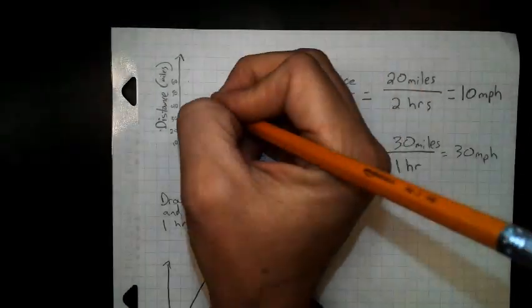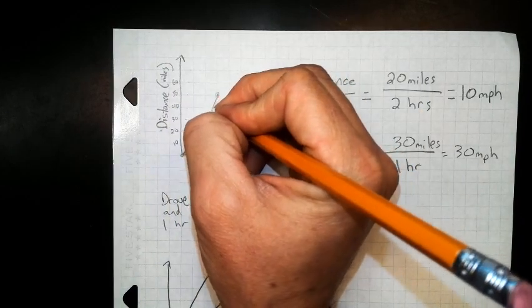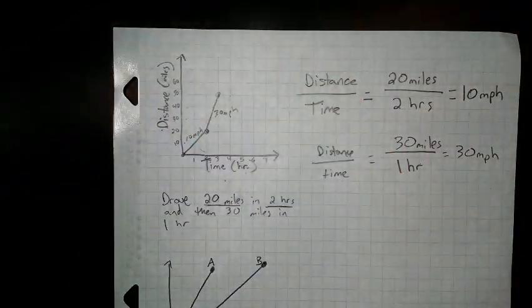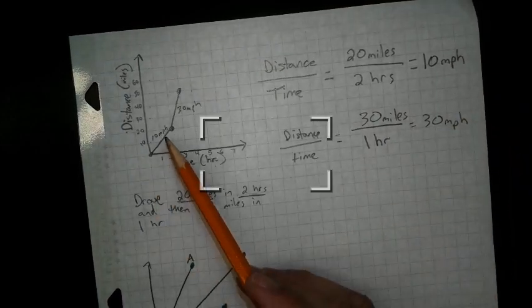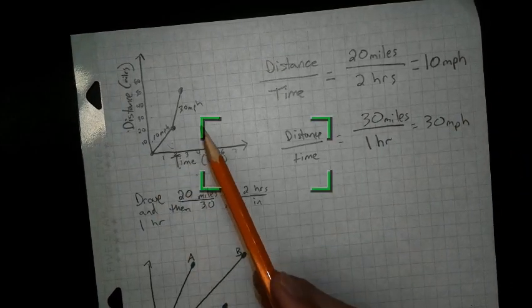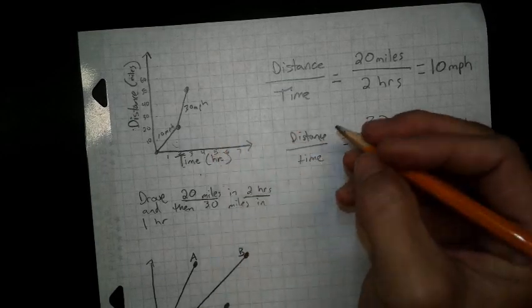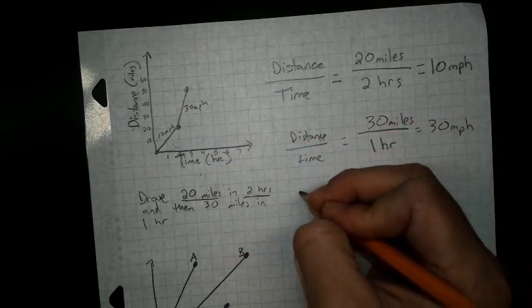So we have two different speeds happening on this drive. These are the individual speeds for each portion of the drive, but if we wanted to find the average, we'd have to use the total distance and the total time.